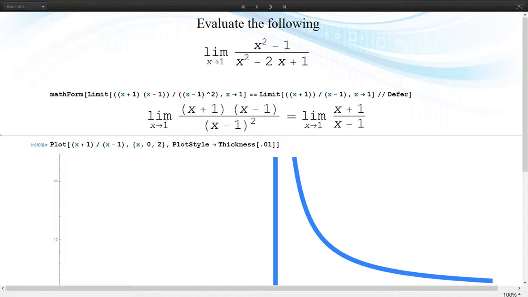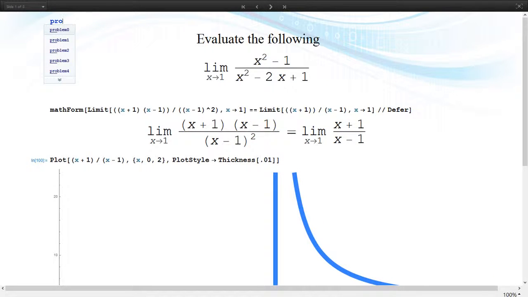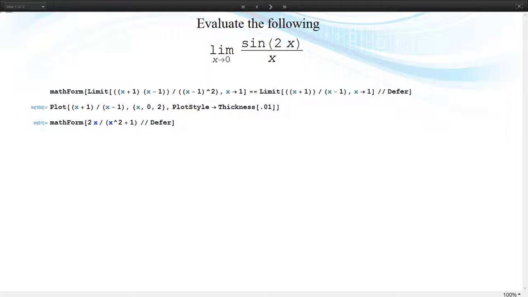Okay, so let's go to our next problem. I think that's problem 7. Evaluate the following limit. The limit as x goes to 0 of sine of 2x over x.